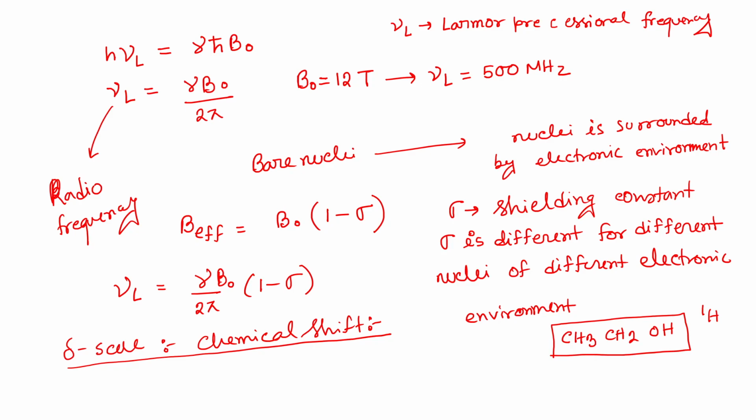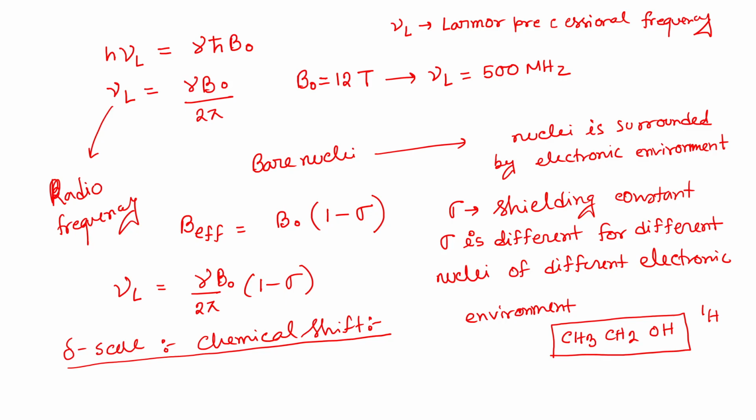One is methyl, one is alkyl, but it has an effect from the OH. So these three protons will have a different environment, these two a different environment, and this proton a different environment, and due to that we are expecting three kinds of Larmor frequency.